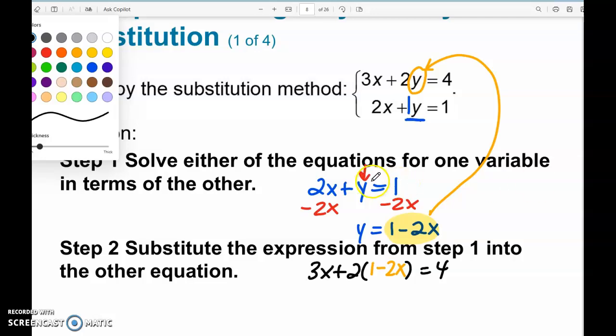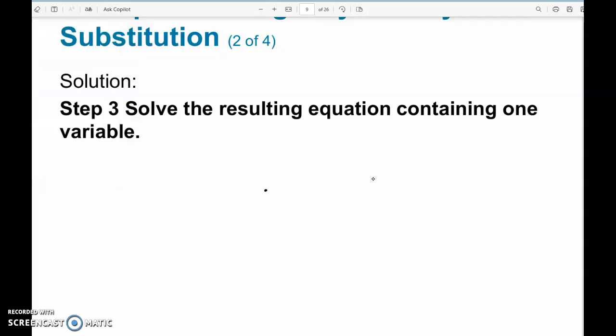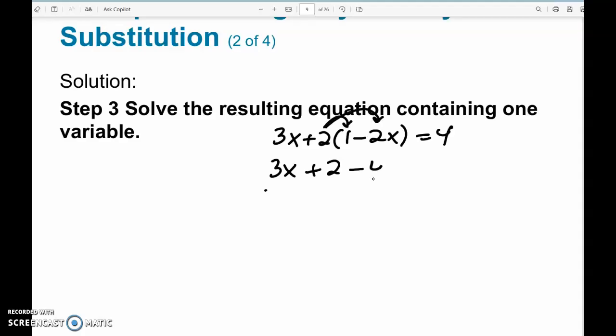Now I have an equation that has one variable, and I can solve for that one variable. And if we go on to the next page, we'll have more room to write this. So we have 3x plus 2 times 1 minus 2x is equal to 4. So let's distribute this 2 first, and we'll get 2 minus 4x is equal to 4. And then I'm going to combine my like terms. Where are my like terms here?